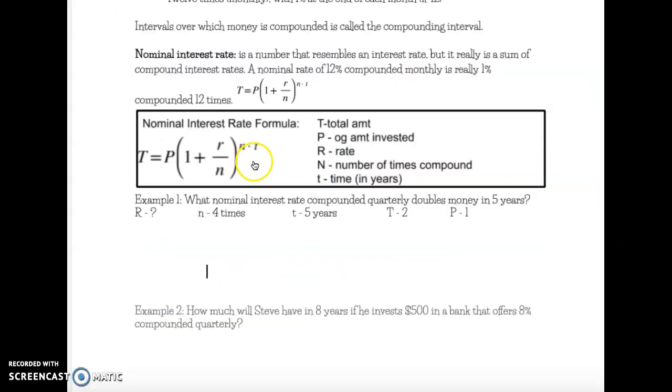So this is our finalized equation. And just like we did in our other equation, we're going to solve this. It's a little tricky, but essentially we are going to solve for r. So how do I do that? Well, I can simplify 1 to no longer be there. So I have 2 equals 1 plus r over 4 to the 20th.